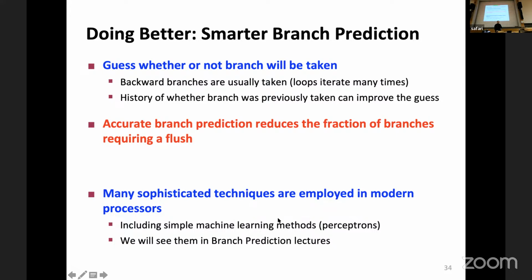Branches are really costly, although they are not so common in your code, and the performance overhead of misprediction is quite high. So in order to get an accurate outcome for the branch and also to estimate the target address, people are using sophisticated techniques. One way is to use machine learning methods like perceptron, and there are some prior works doing that.